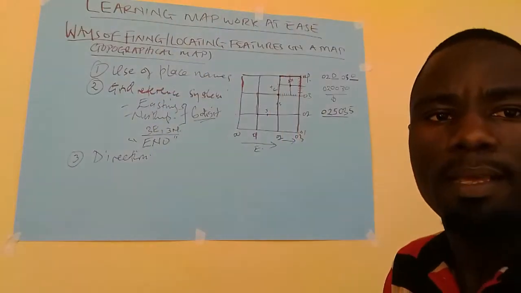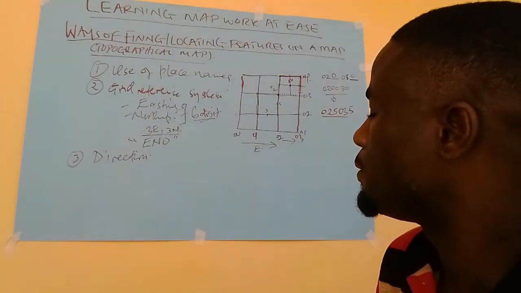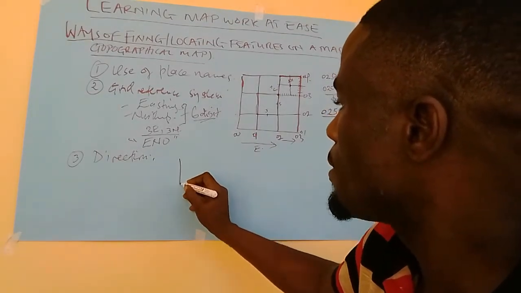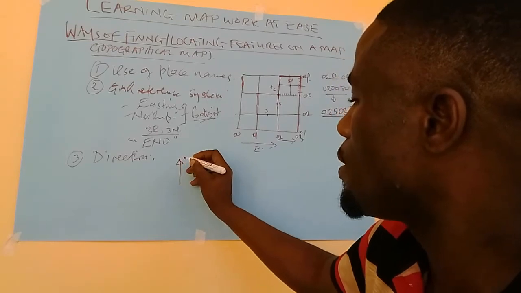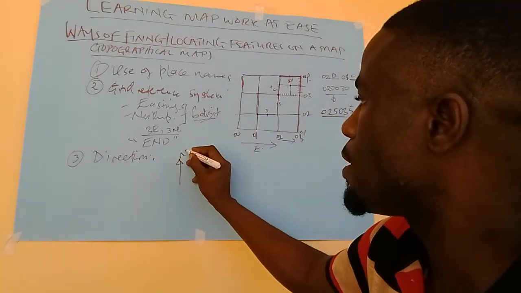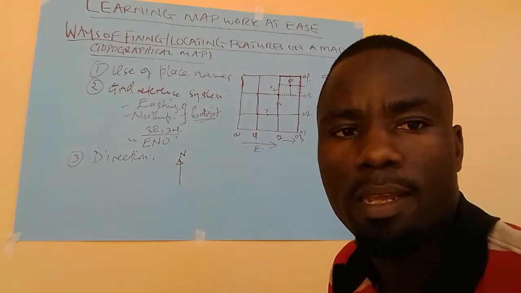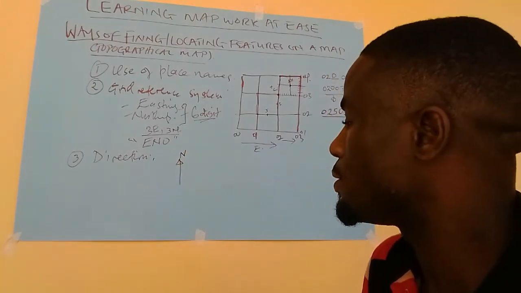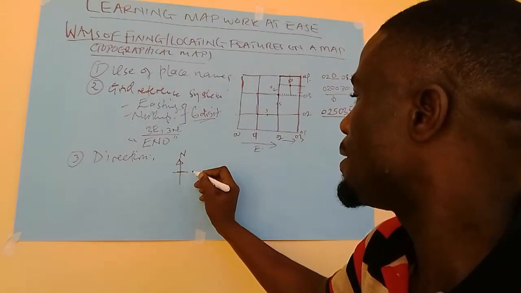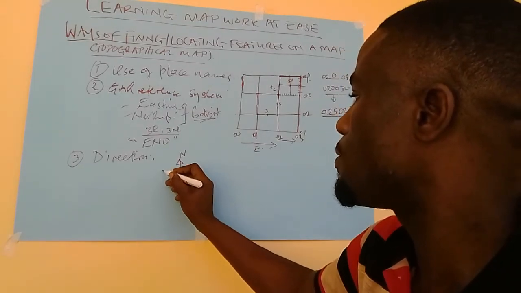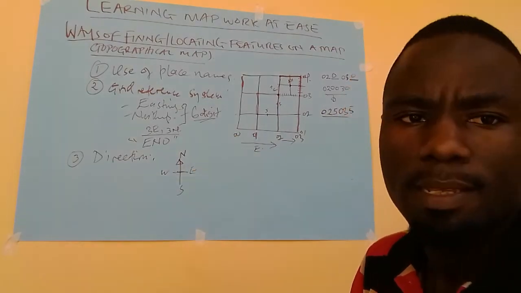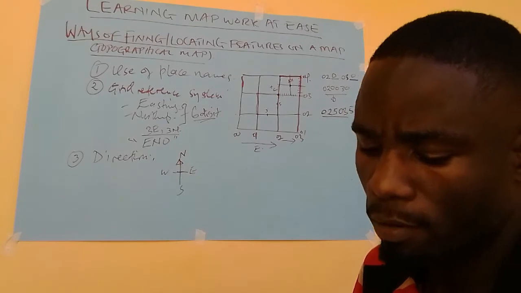In other words, when we are giving direction, we basically use north, because when we are drawing a map, we base on the north direction. So in every point, to get the location using direction, we must know the north of that area. So we have north, east, south, and west. On the map, when we are giving evidence, this is the simplest method of giving evidence.